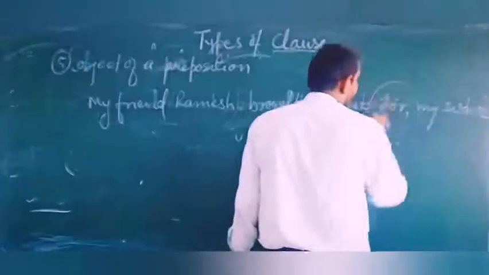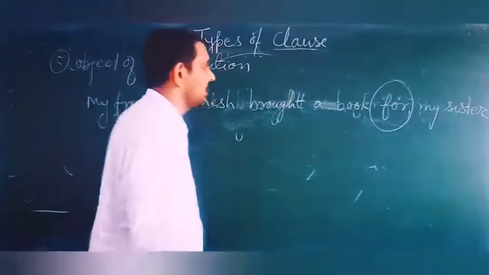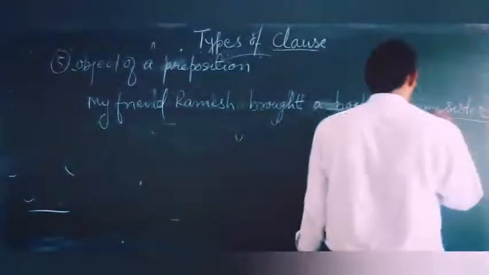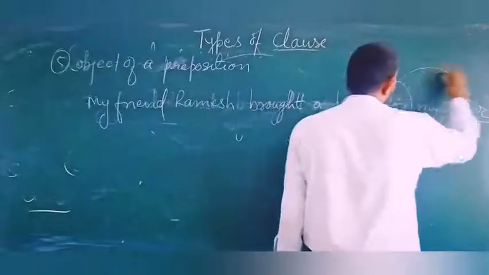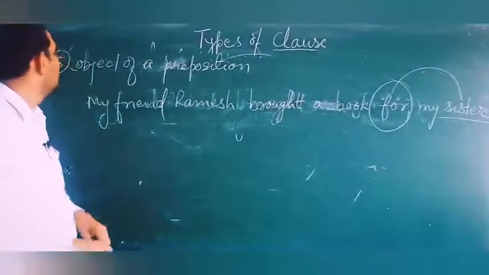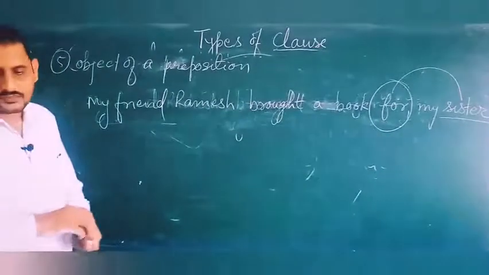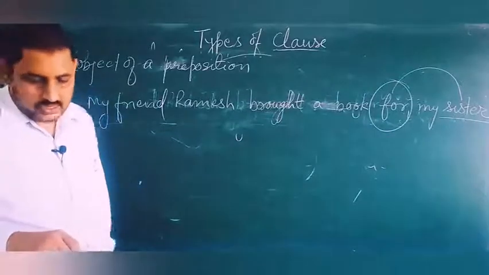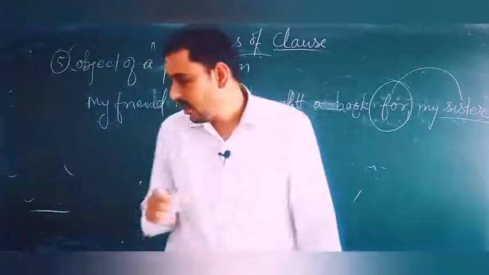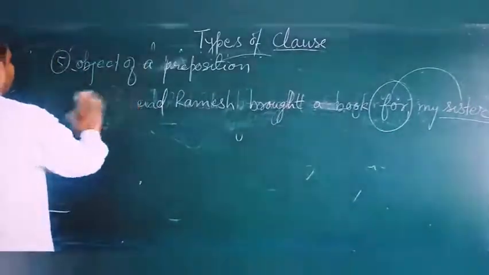So the preposition is for, and after that the word used is sister, that is a noun. So we can say this is the example of object of a preposition. Okay, and a noun also can be used as an adjective or as an adverb.